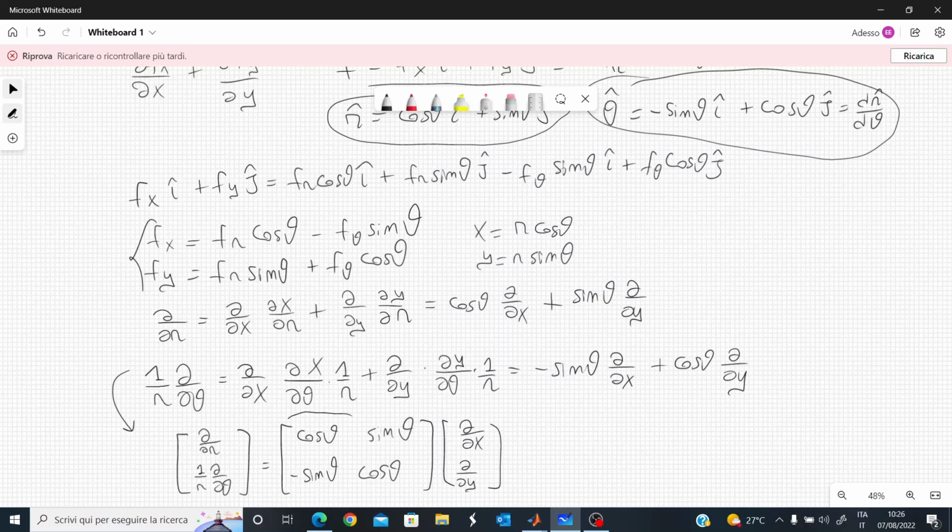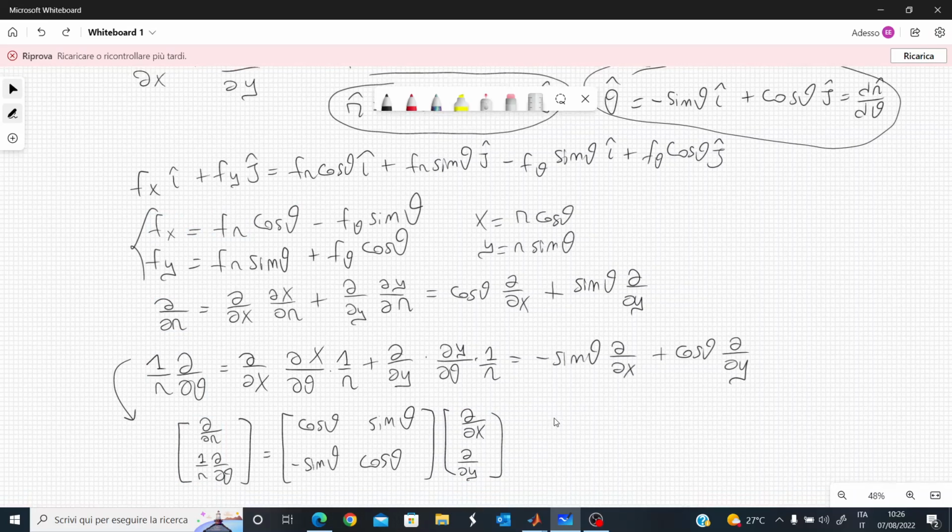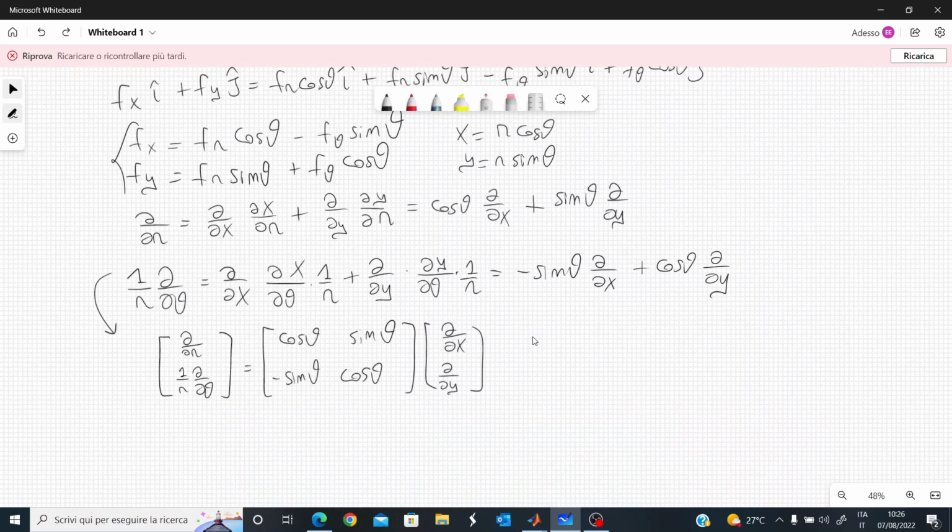But if we invert this matrix, which is very easy to invert because we simply have to take the transpose, since this is an orthogonal, orthonormal matrix, because if we call this Q, Q transpose Q is equal to the identity matrix. It's very easy to see. And therefore it means that the transpose is equal to the inverse.